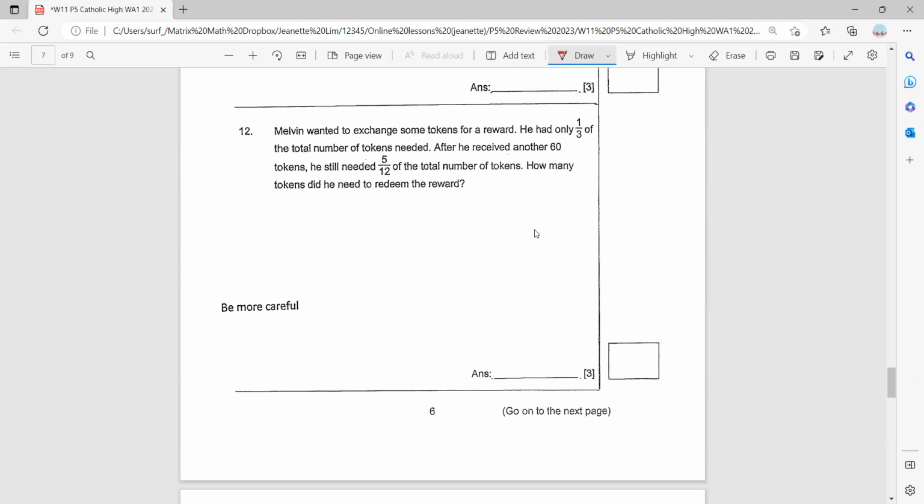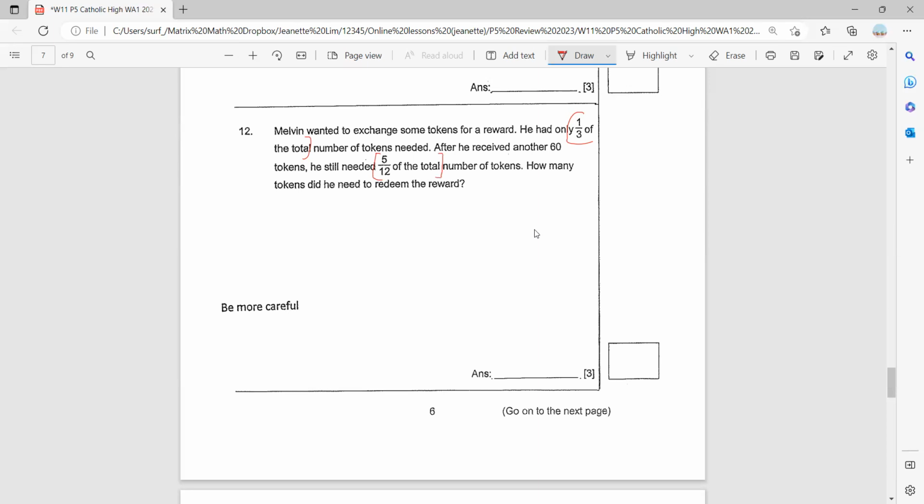Okay, this is 1/3 of the total, and this is also 5/12 of the total. We don't know the total.